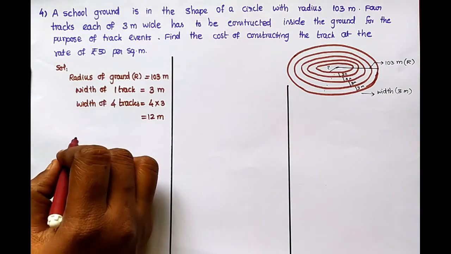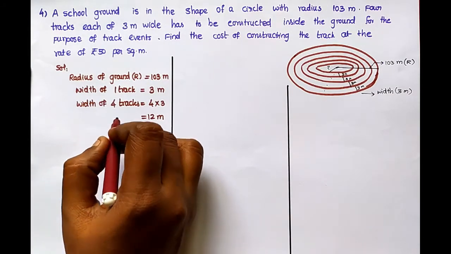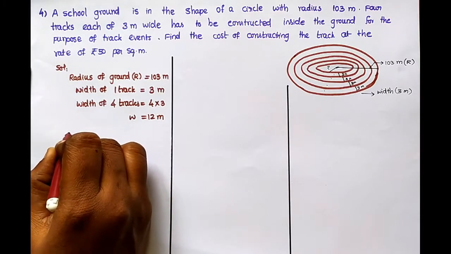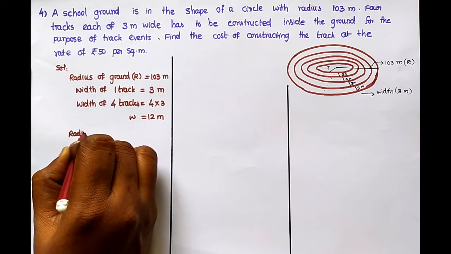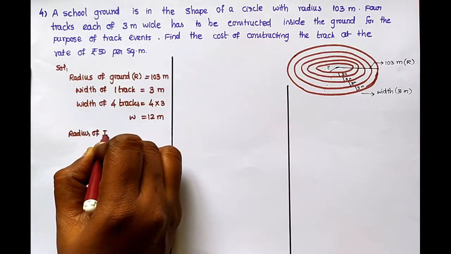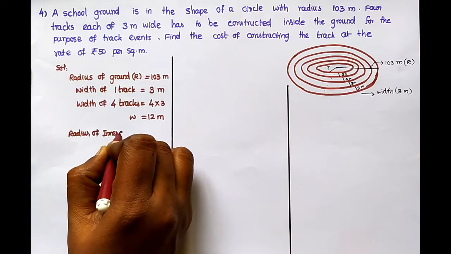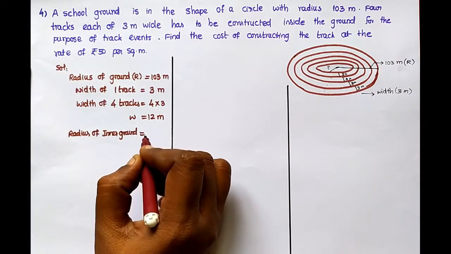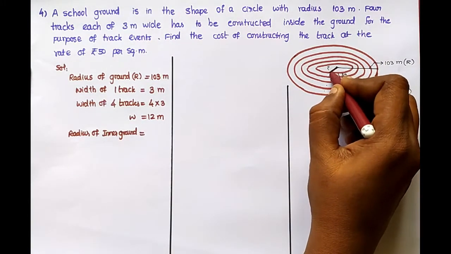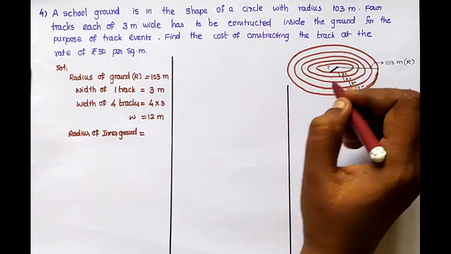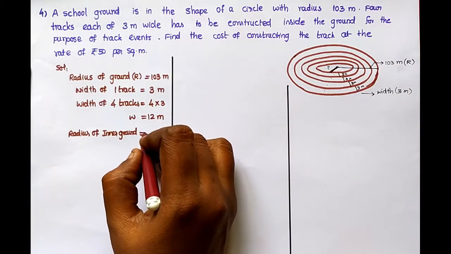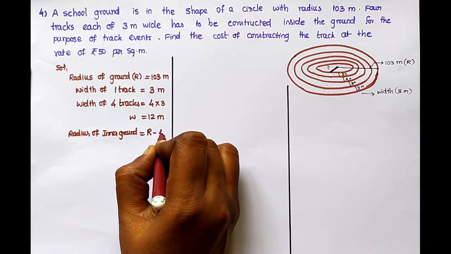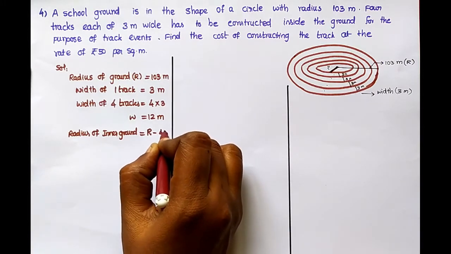Now we want to find out radius of inner ground. This one, inner ground, that is, what's the formula? R minus 4 tracks, so 4 width.